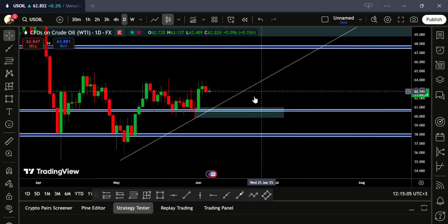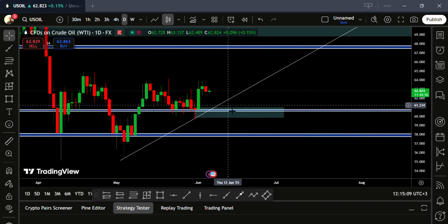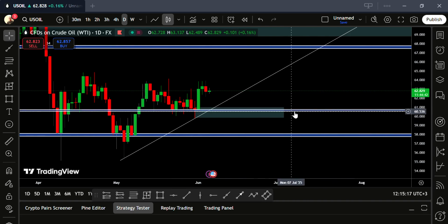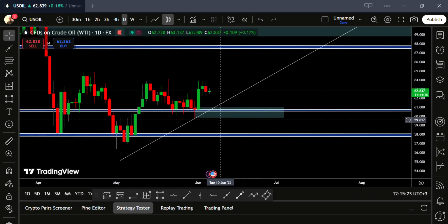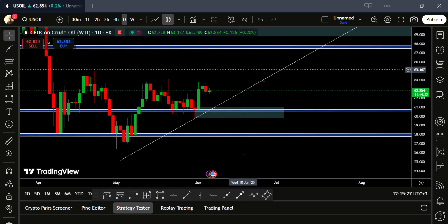So what we are expecting is price to come, probably tap this trend line or tap into this demand zone, because if it taps into the demand zone, it will be tapping into the trend line as well as the support, and then send price up. And you see, we have very many confluences that are telling us that price is supposed to be going to the upside.